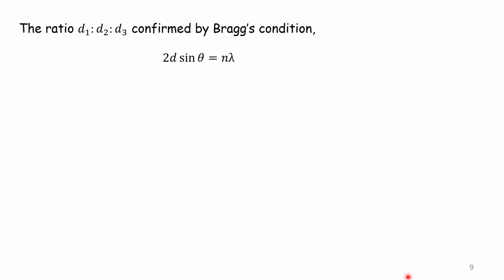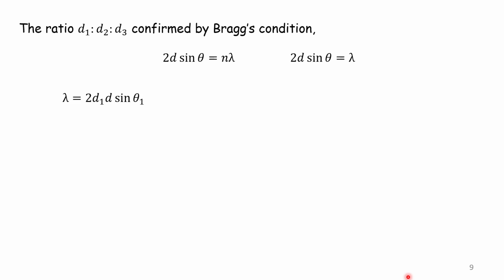Now the ratio of these interplanar distances d1, d2 and d3, we can confirm by using the Bragg's diffraction condition also. We know that the Bragg's diffraction condition is 2d sin theta equal to n lambda. For the first order, it becomes 2d sin theta equal to lambda.